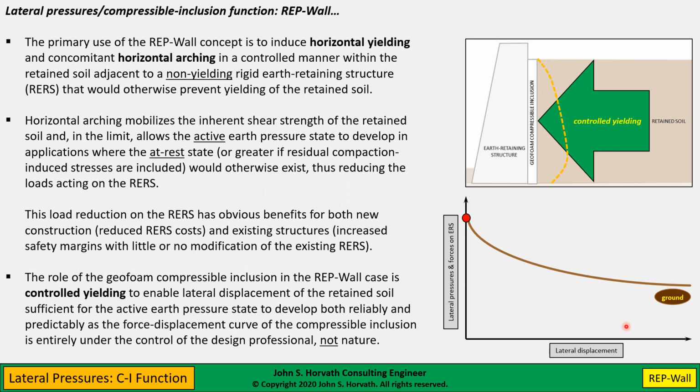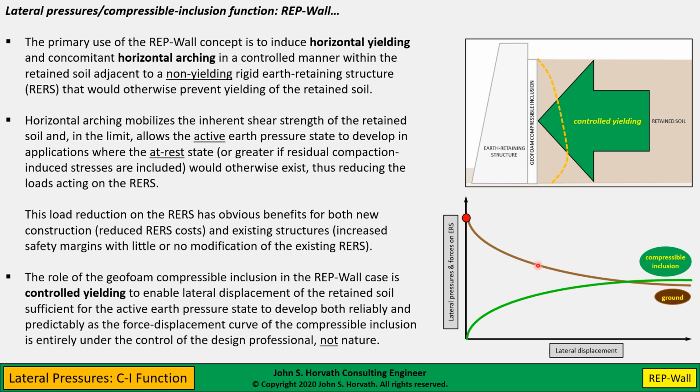What we can control, obviously, is the stress-strain curve for the compressible inclusion. So we see, really putting together some of the thoughts that I've discussed earlier in this presentation, this is a stiffness-based design. If we think simplistically of the retained soil as being a spring, because the slope of this curve is just a spring constant, and we can think of the geofoam compressible inclusion as being another spring, we are simply matching the force displacement behaviors of the springs.